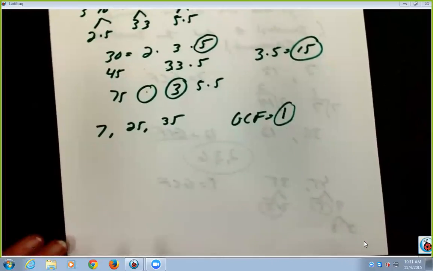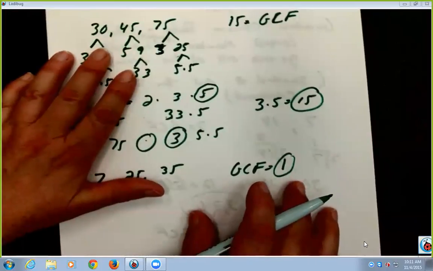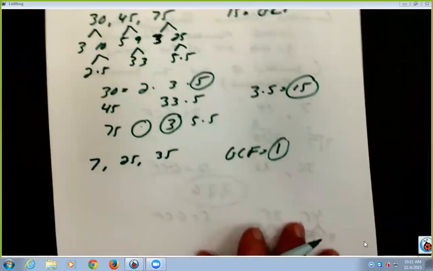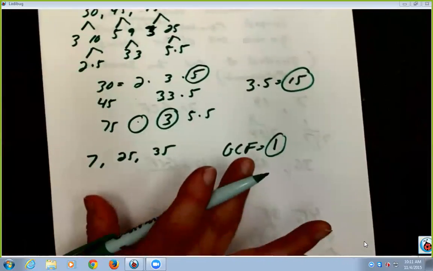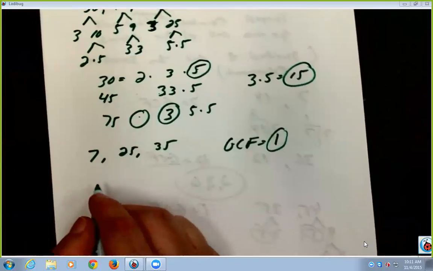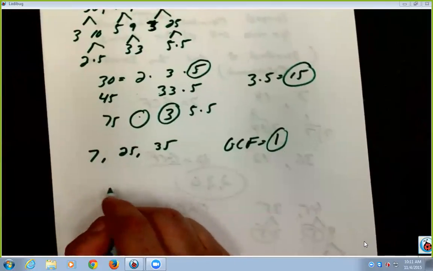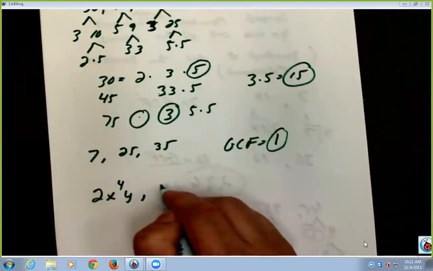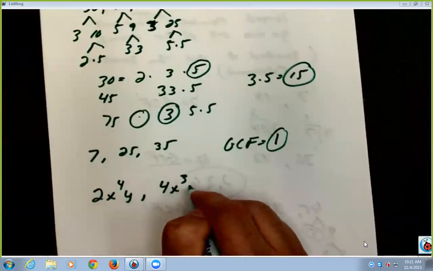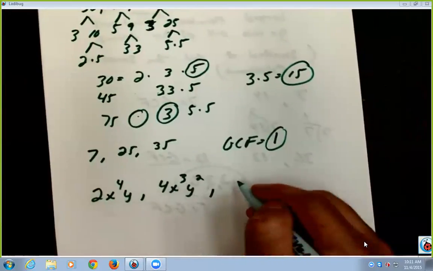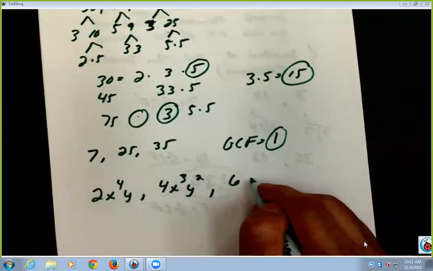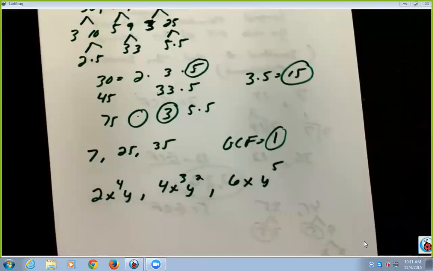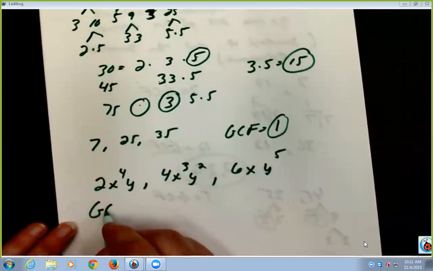So you want to be aware of this part. If you throw variables in the mix, are we good with this part, do you think? Just the numbers? Okay. So you're going to look just at the numbers first, and then you're going to go back and look at the other pieces. So if I go back and I do this, what am I going to have? Well, I have 2x to the 4th y, and I have 4x to the 3rd y squared, and we'll put a 6 in there, x and y to the 5th, and I want to know what my greatest common factor will be.